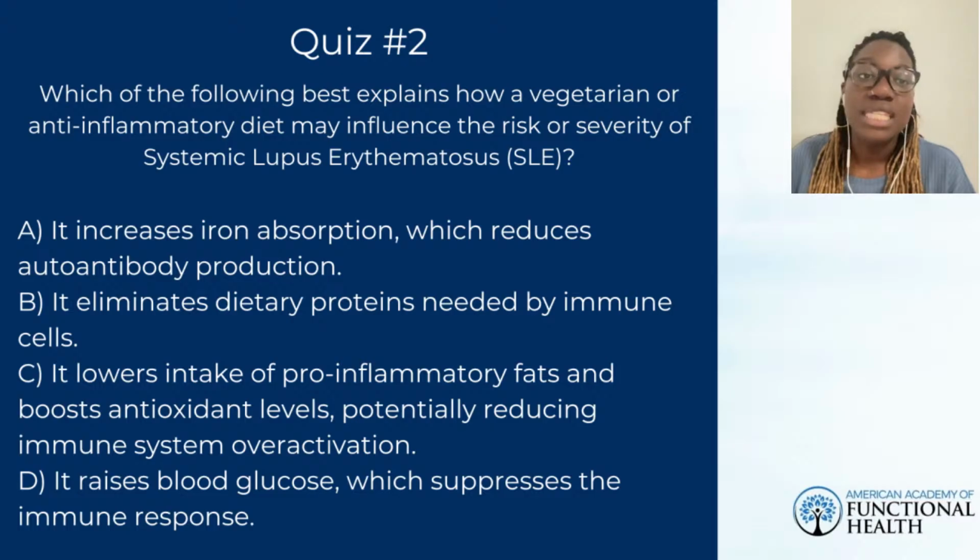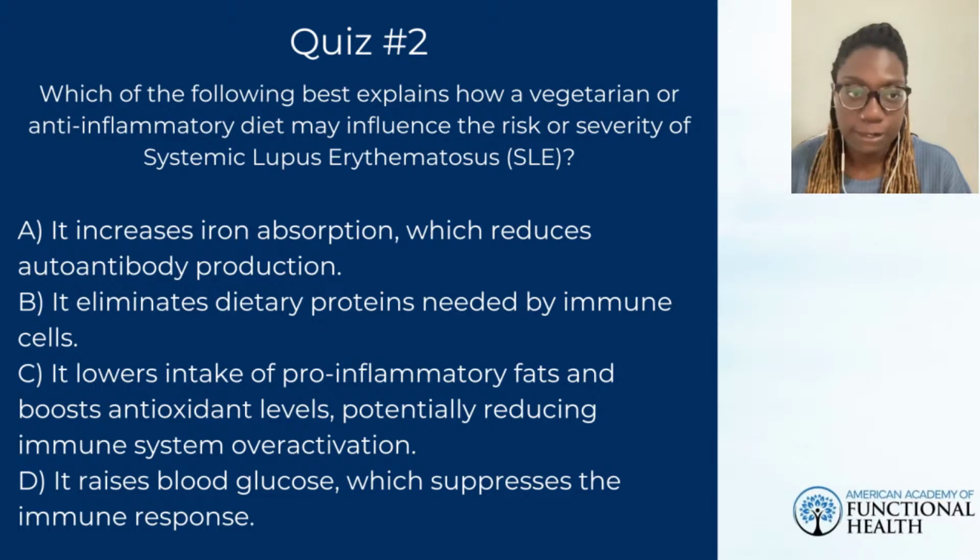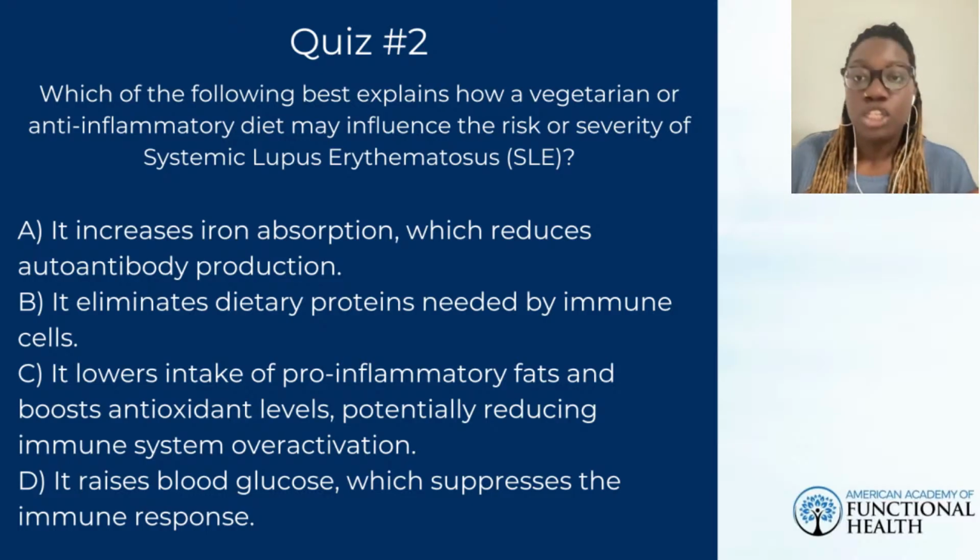C, it lowers the intake of pro-inflammatory fats and boosts antioxidant levels, and that potentially helps reduce the overactivation of the immune system. And D, it raises glucose, which suppresses the immune system and immune response. So take a moment in the chat, submit your answer, and let's see what you have.